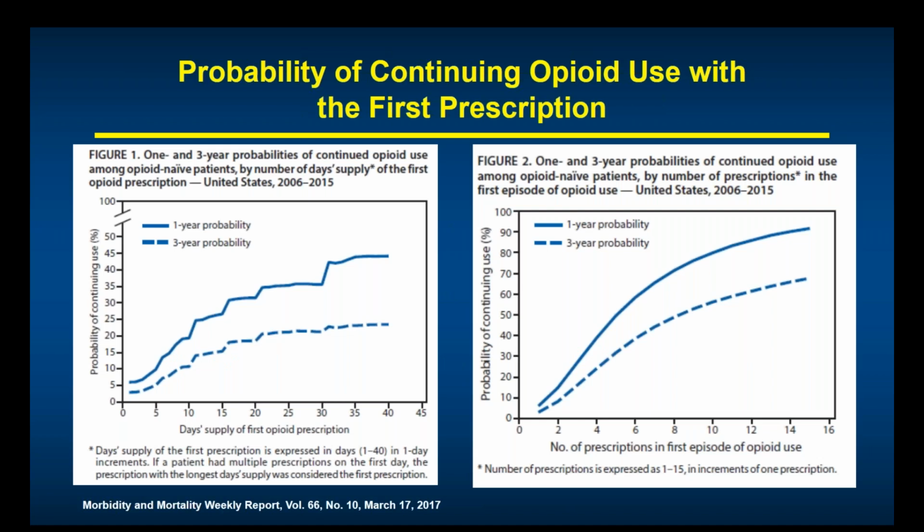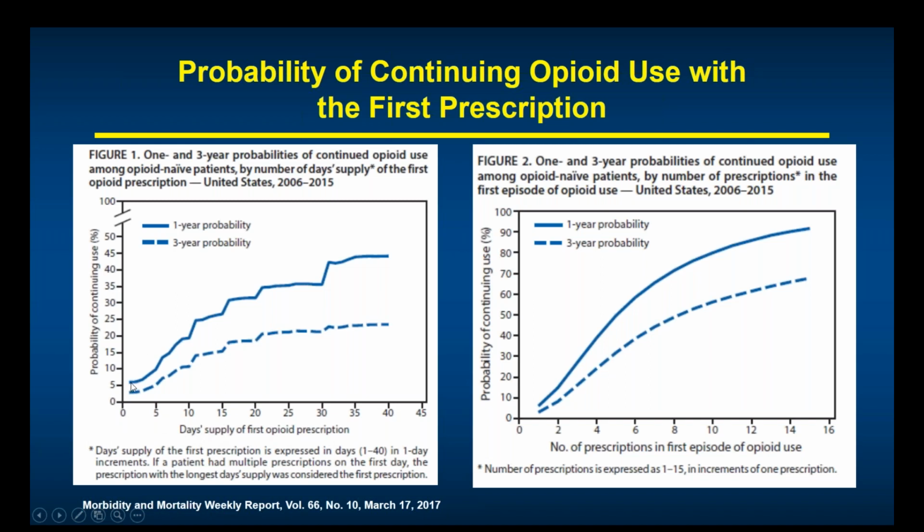And I want to just share with you some data from the CDC that was published in the weekly report, Morbidity and Mortality. This is a very powerful slide. These are simulated data, projected data of the probability of being on an opioid analgesic or continuing use based on the days of your first opioid prescription supply at 1 year and 3 years.